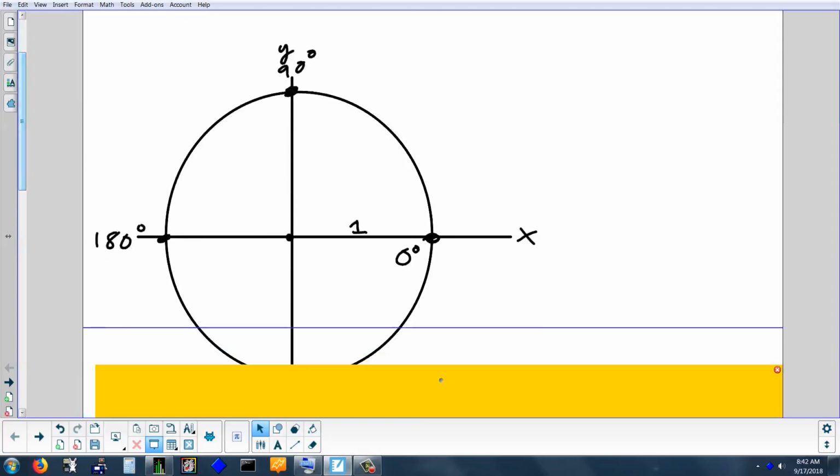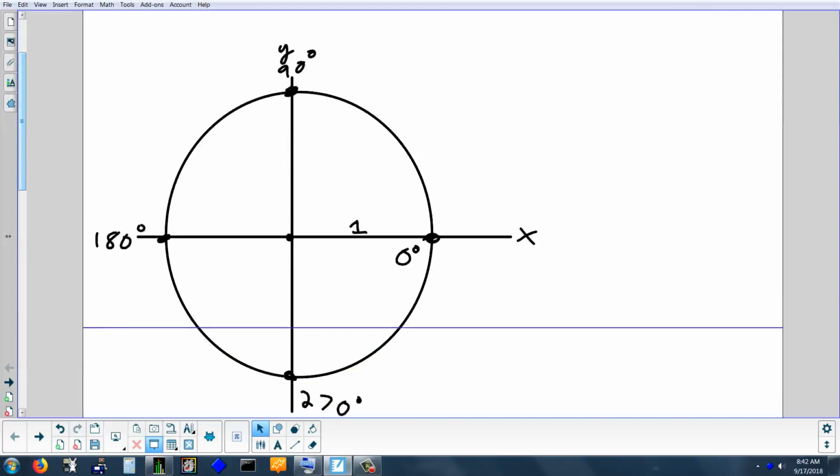And then going around the circle, I've labeled some different angles. On the right, I've labeled 0, and then starting to rotate counterclockwise, 90 at the top, 180 on the left, 270 at the bottom. Okay, so any questions on that?